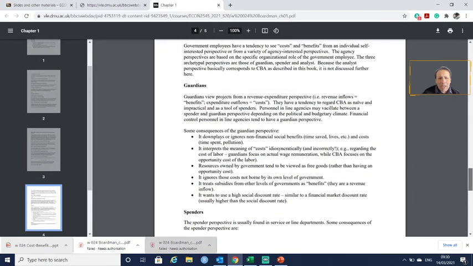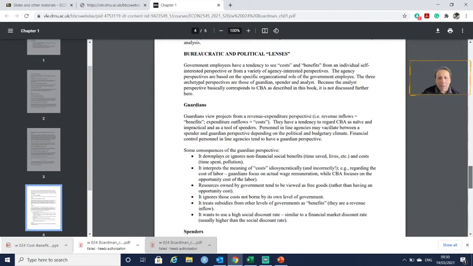So there are three political lenses when conducting a CBA analysis: guardians, spenders, and the analyst perspective. So we often see some consequences of the guardian perspective. The guardian perspective ignores non-financial social benefits, such as the time saved, the lives saved.